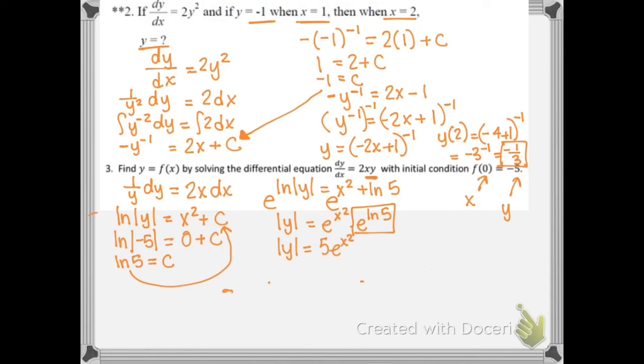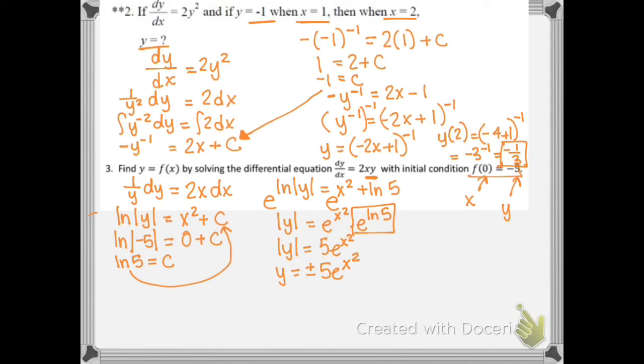Okay, also at the beginning of the lesson, we talked about how when we solve an absolute value equation, we do the positive and negative of the right-hand side. So we have the positive of 5e to the x squared and the negative of 5e to the x squared. So how do we determine which one we're going to have as our answer? Well, we have to go back and look at this initial condition we started with.